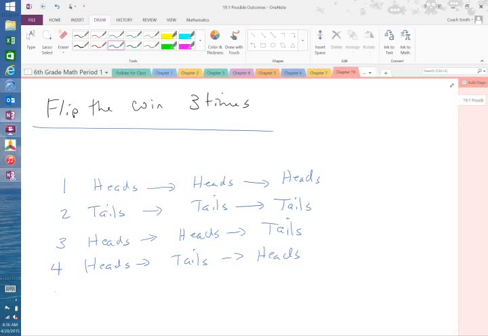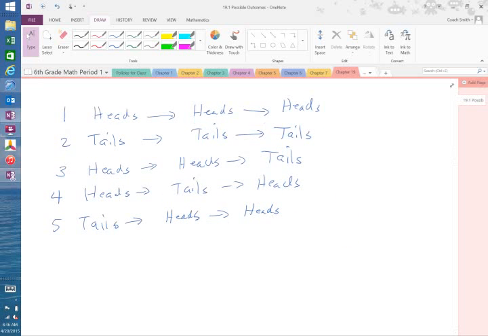Then I could have tails, heads, heads. Now, I could also have heads, tails, and tails. Then I could have, should have done this with a tree diagram, it would have been easier.